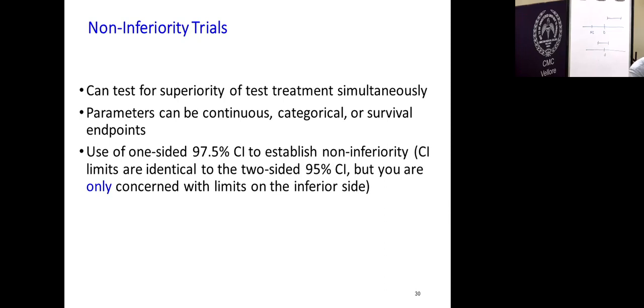On the other hand, if you plan a non-inferiority study, you can show equivalence, you can show superiority. There are many examples like that. So what does it mean? When you carefully phrase the hypothesis, it might give you an opportunity to show superiority as well as equivalence.